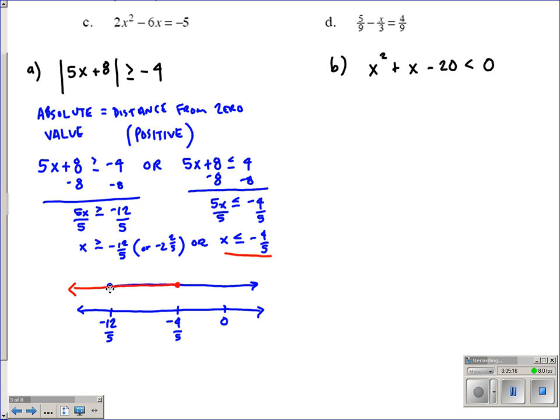I'll move that down there. Are there any breaks in our number line at all? There aren't. So we just have a solid line that goes on forever to our negative values and goes on forever to our positive values. So it spans the entire number line, which tells us that our solution is all real numbers.